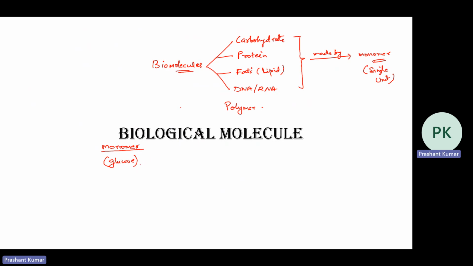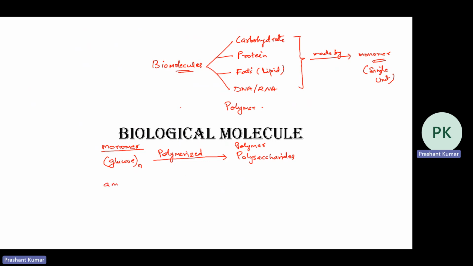When many glucose molecules get polymerized, they will form a big molecule which is called a polymer. In this case, the name of the polymer is polysaccharide.